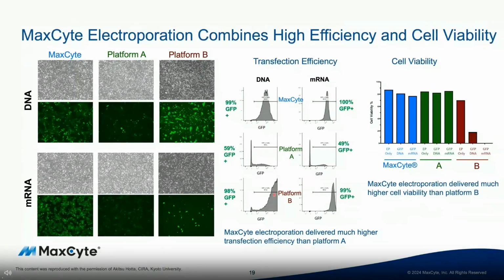And with another platform, you might have high efficiency, but then you sacrifice the cell viability here on the right. So MaxCyte gives the best of both efficiency and cell viability, and that's enabled through the benefits I mentioned earlier with pre-optimized electroporation protocols, our processing assemblies, and our buffer.